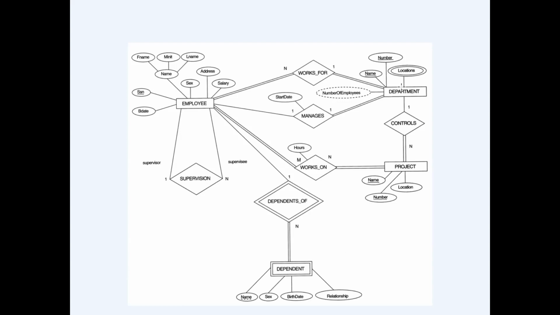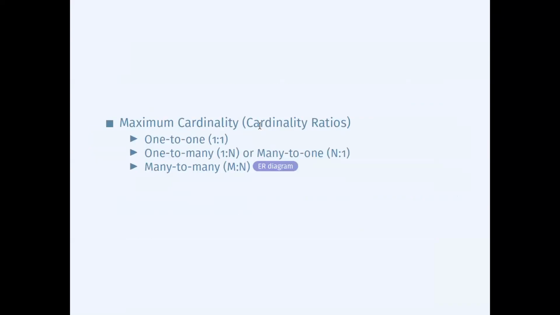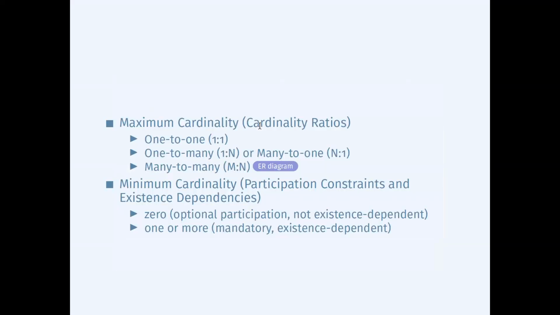A project can have many employees. This is called maximum cardinality. Maximum number of items that could participate. The next one is total or partial, the last one. We call it minimum cardinality. That means when you have participation, we need to identify whether it's 0 or more.